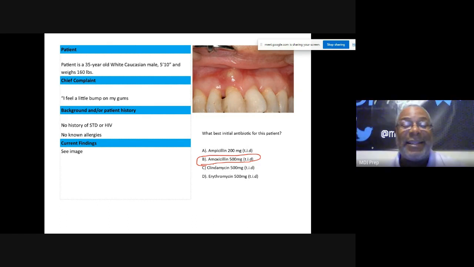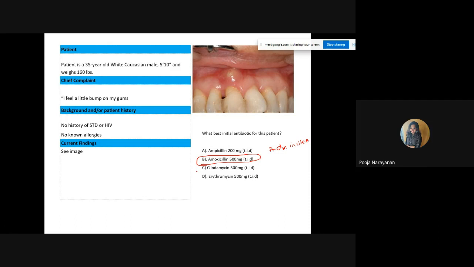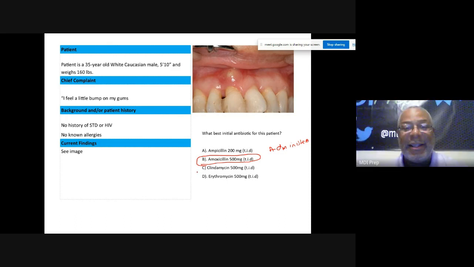So the major difference is how it's administered. If somebody can take something by mouth, what are you going to give them, amoxicillin or ampicillin? Amoxicillin. Perfect. If they're able to take it by mouth, you give them amoxicillin.